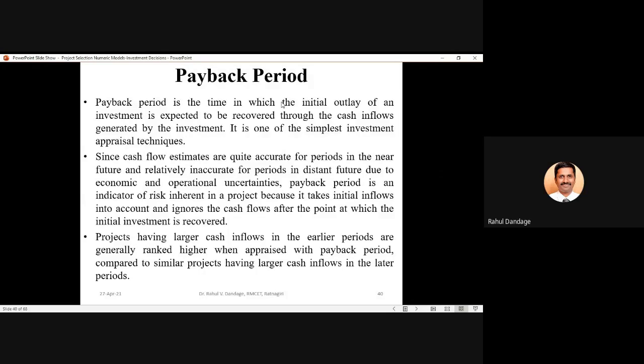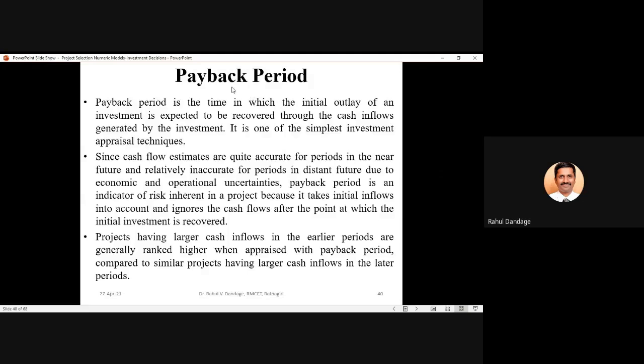Now this is a non-discounted type of investment decision method. So here we are not taking into account the time value of money, we are simply taking into consideration how much is the investment and how much are the benefits we are getting, and within how much time period we will be getting our investment back.